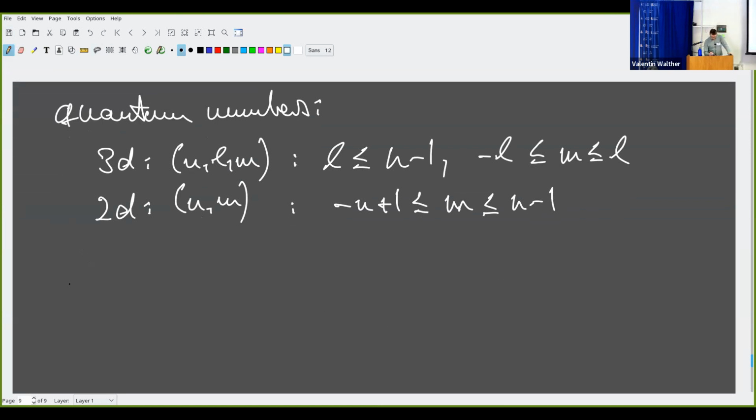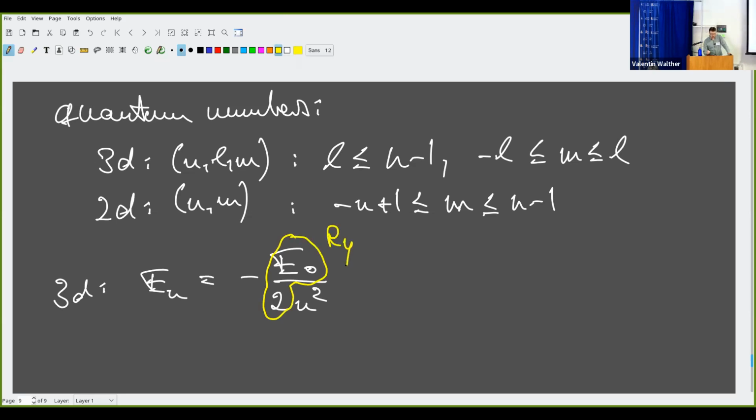And so in 3D, we know that the energy En, you can just calculate from this Wannier equation. So you get E0 divided by 2n squared. And here you already recognize that this is often called the Rydberg constant.